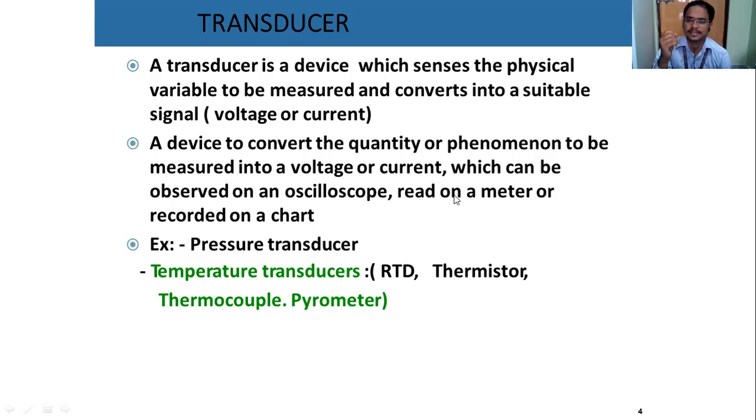Examples: the simplest example of a transducer is an ordinary thermometer. In that thermometer, the sensing bulb will be having mercury or a liquid. When we keep the thermometer in an atmosphere whose temperature is to be known, the input is heat, that is temperature, and that input temperature is getting converted to change in volume.